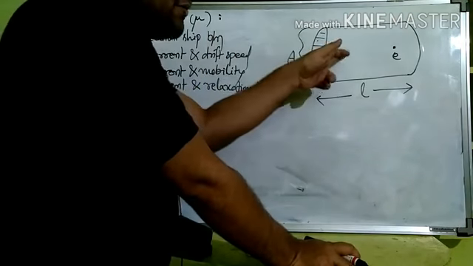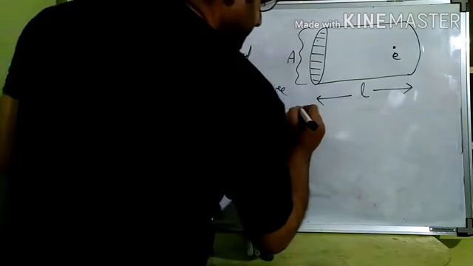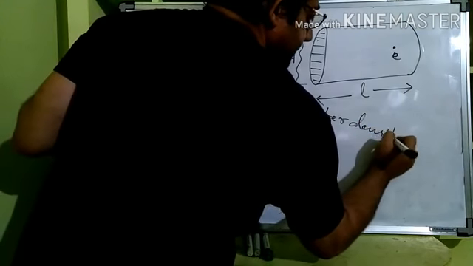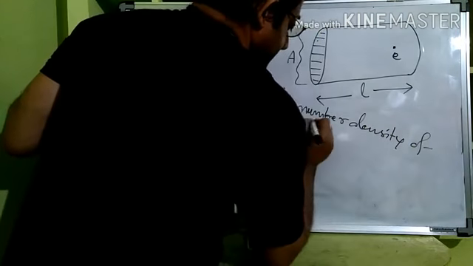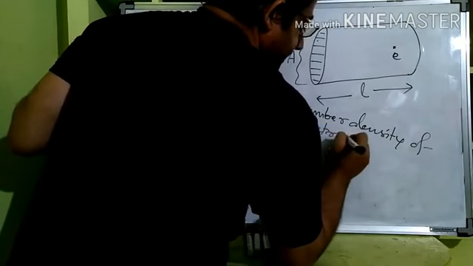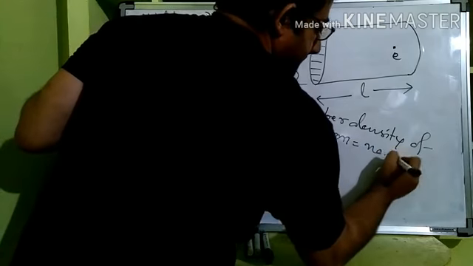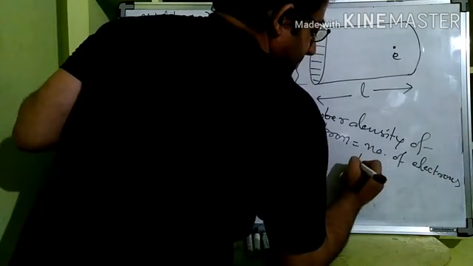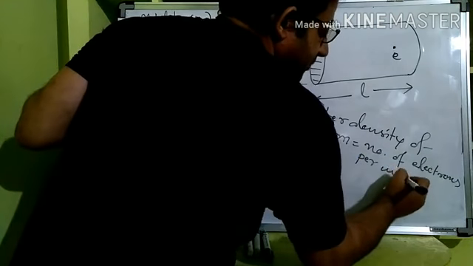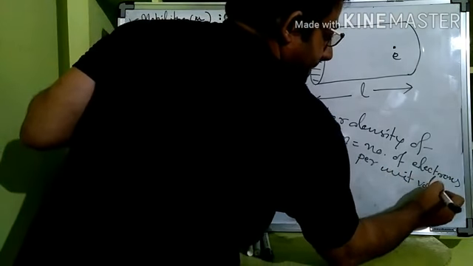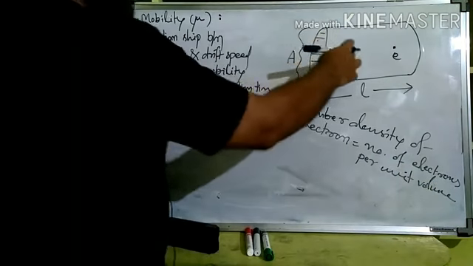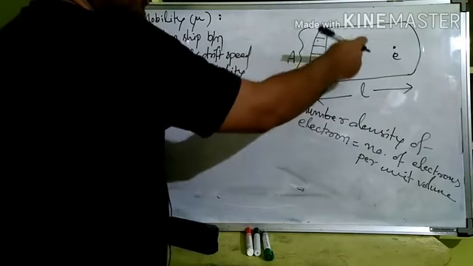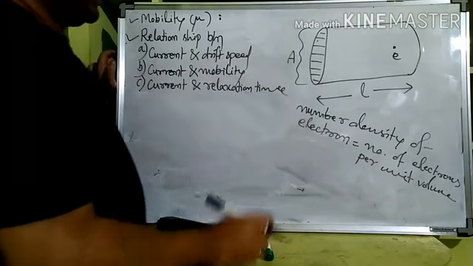The number density of electrons is the number of electrons per unit volume. The number of electrons present per unit volume of the material is called the number density of electrons of that material.